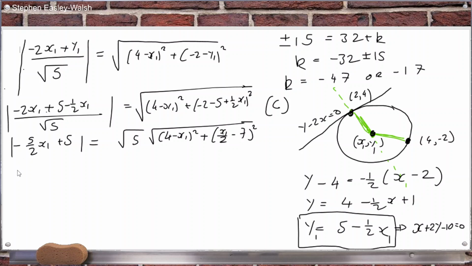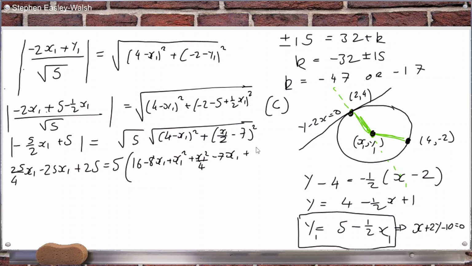Now I'll square both sides, so I'll get 25 over 4 x1 squared, and then twice the first by the second, so that's minus 25x1 plus 25 equals 5 times 16 minus 8x1 plus x1 squared plus x1 squared over 4 minus 7x1 plus 49.